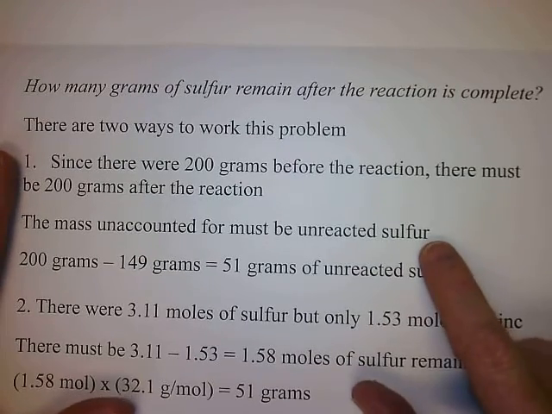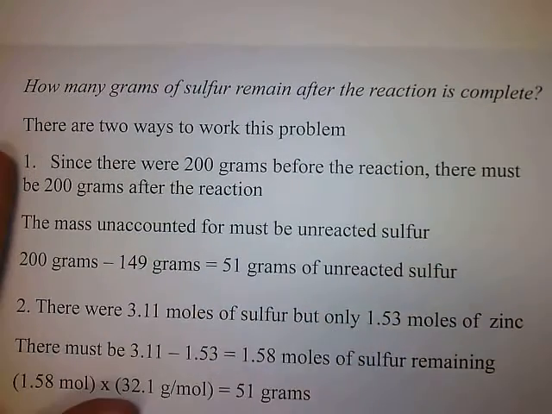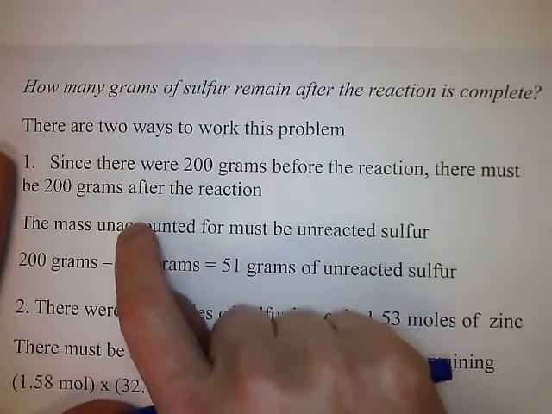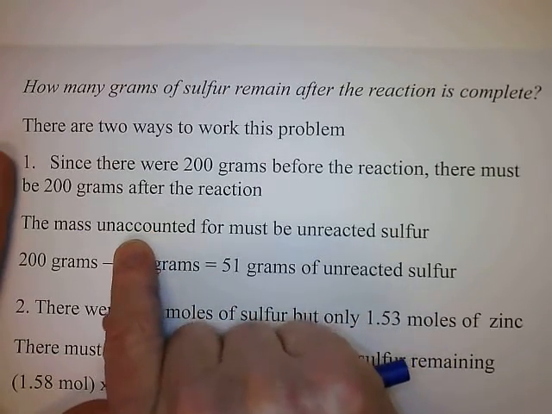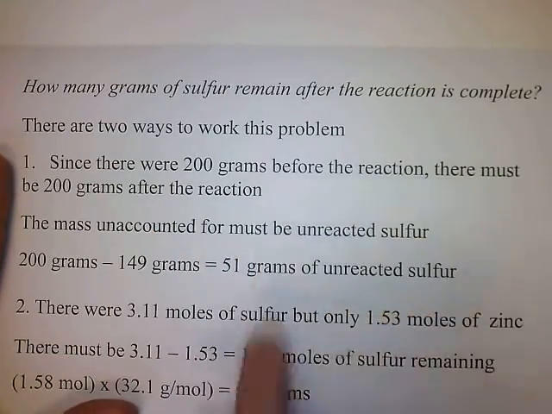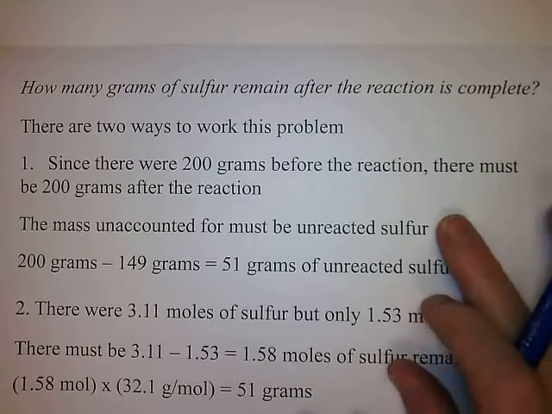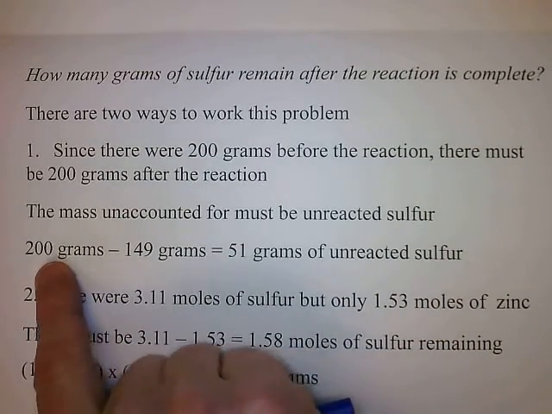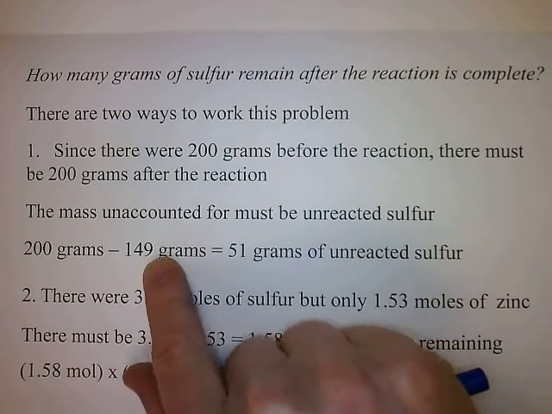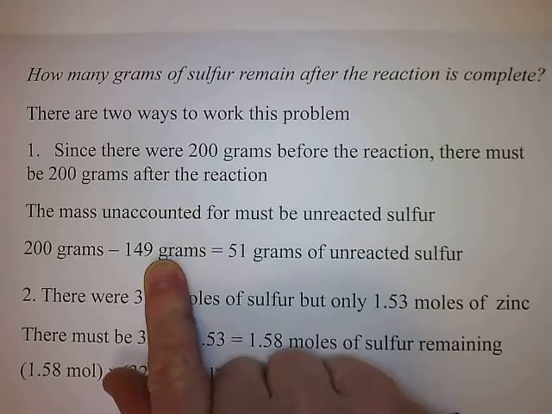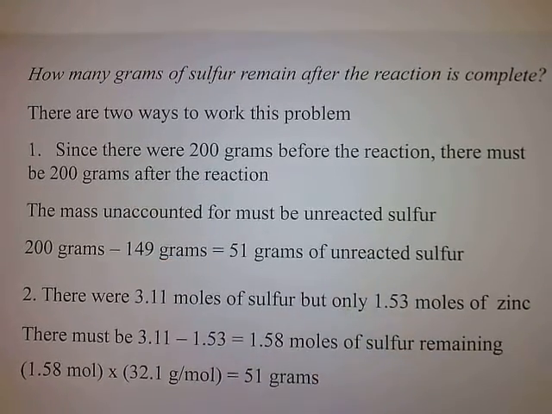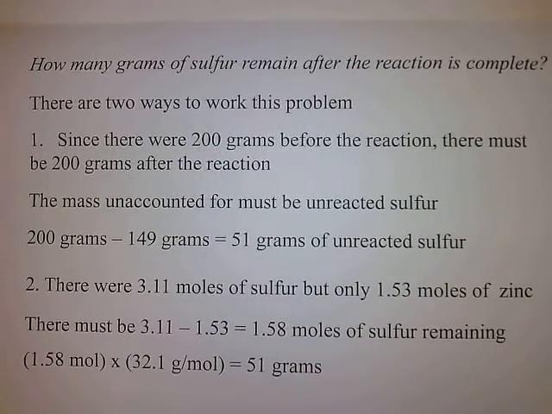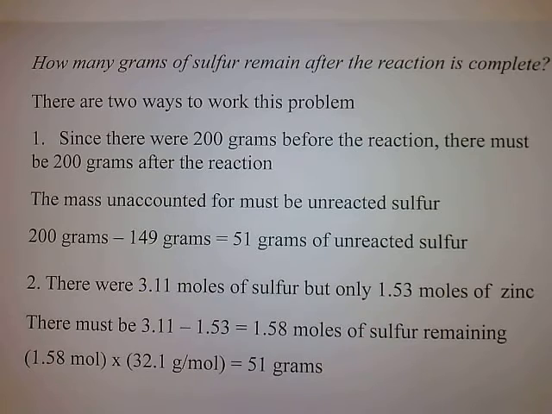And because the sulfur was present in the greater number of moles, the 51 grams that's unaccounted for must be in the form of unreacted sulfur. So we take the 200 grams that we started with, minus the 149 grams of zinc sulfide that were produced, which gives us 51 grams of unreacted sulfur.